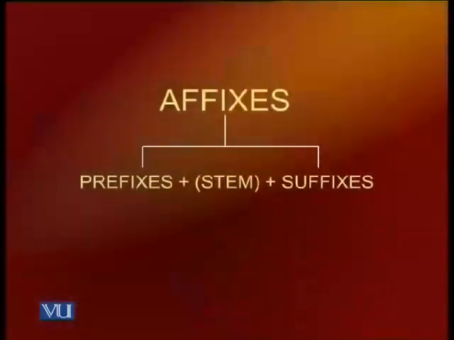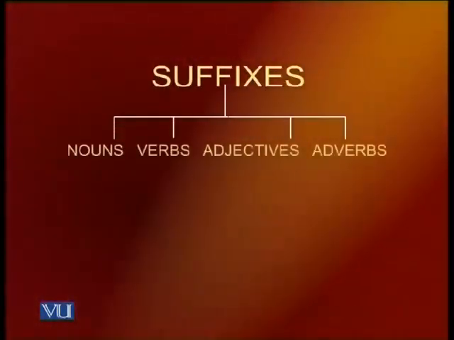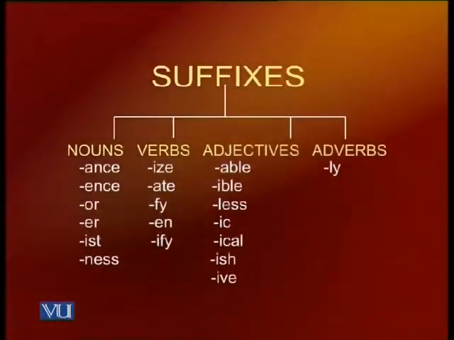On your screen there is a little table. It tells you that prefixes and suffixes are referred to as affixes. The table shows you how by adding suffixes words change their categories, how they become nouns, verbs, adjectives, adverbs.